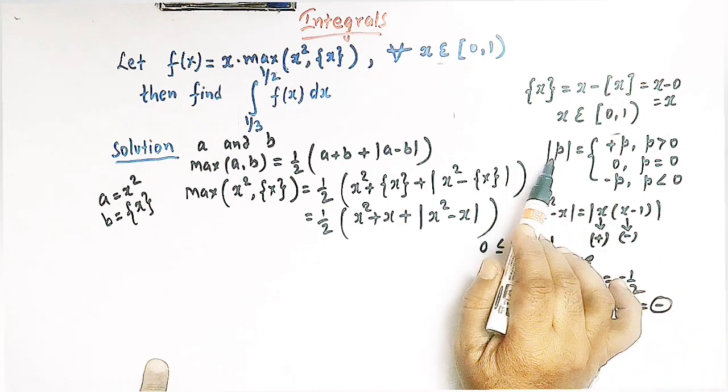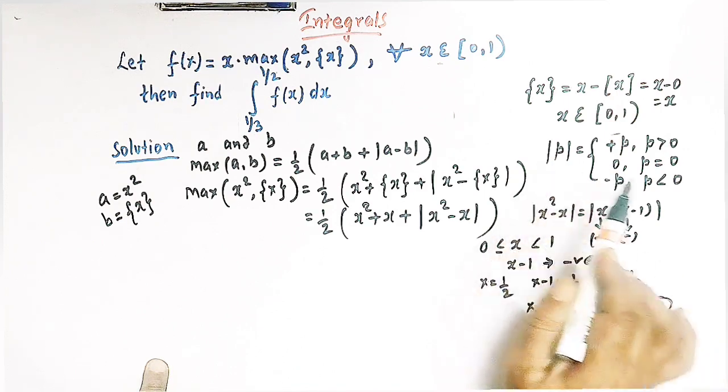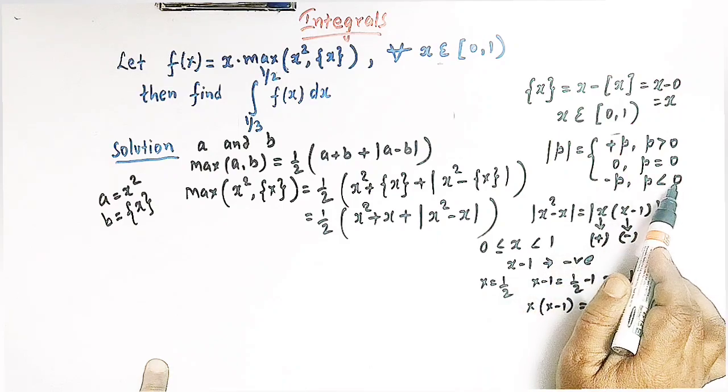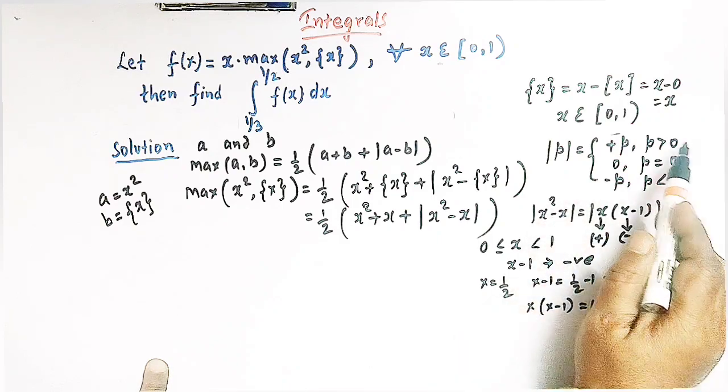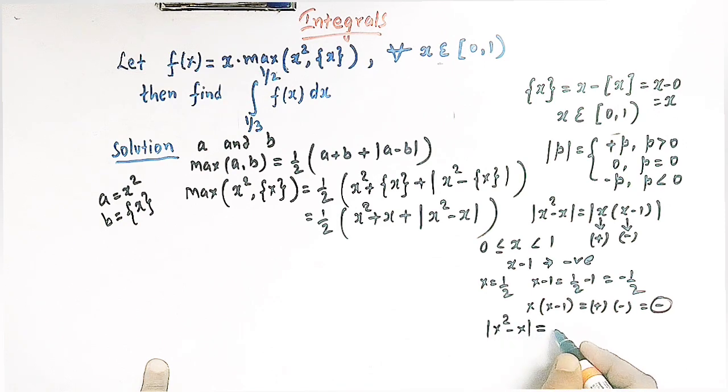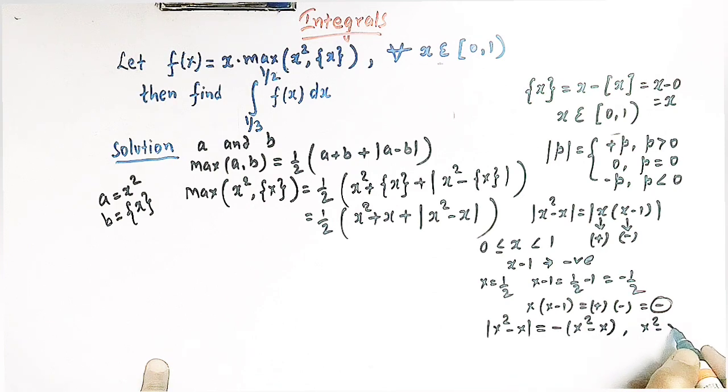So here we have mod of p is equal to negative p whenever p is less than 0. So now using this definition, we can define mod of x square minus x as equal to negative of x square minus x whenever x square minus x is less than 0, right?